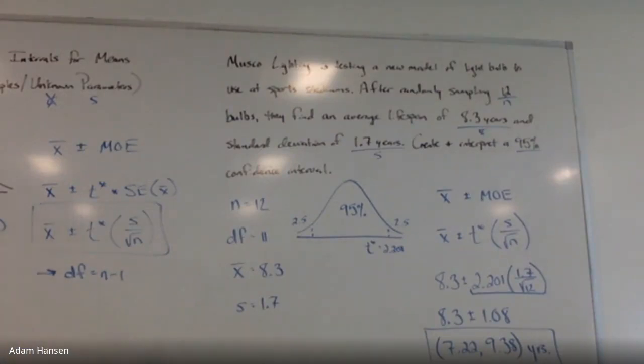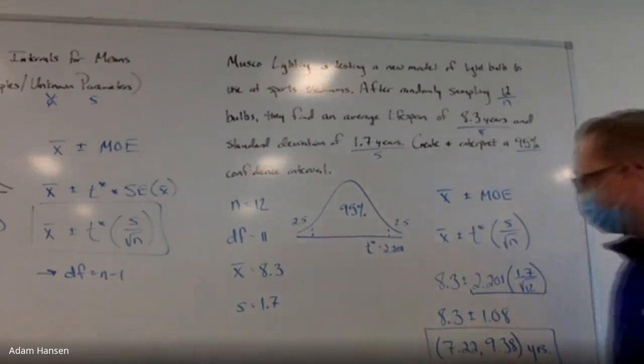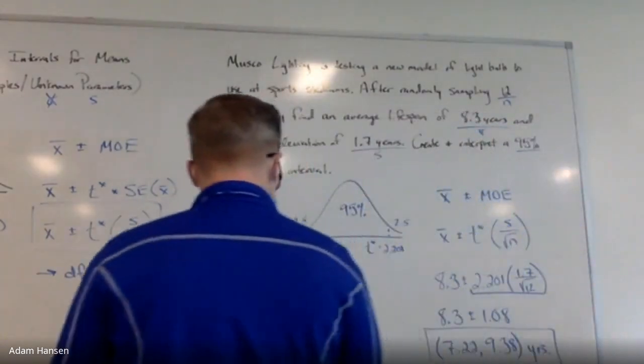What does this mean in context? Let's interpret our confidence interval. I'm 95% confident that the average lifespan is between 7.2... Sounds reasonable.